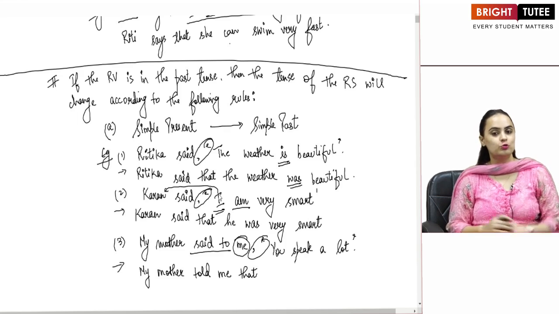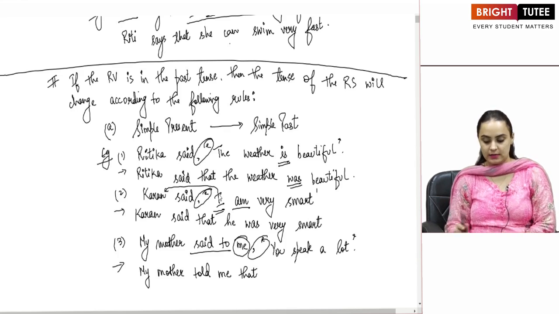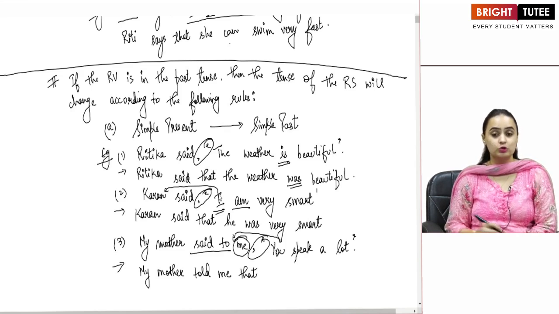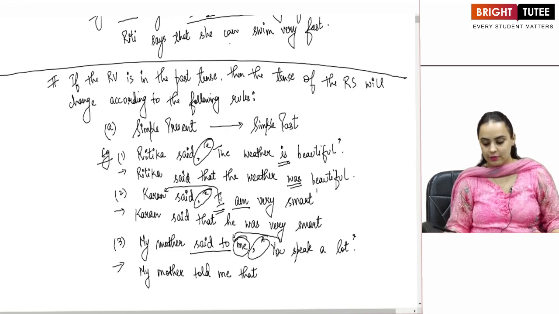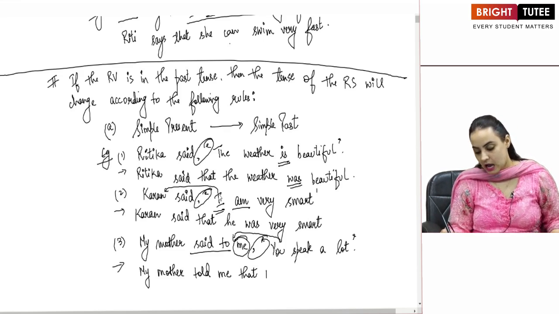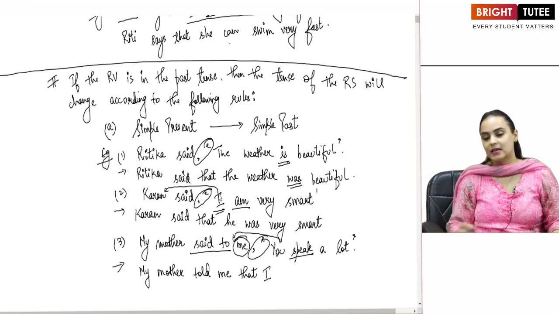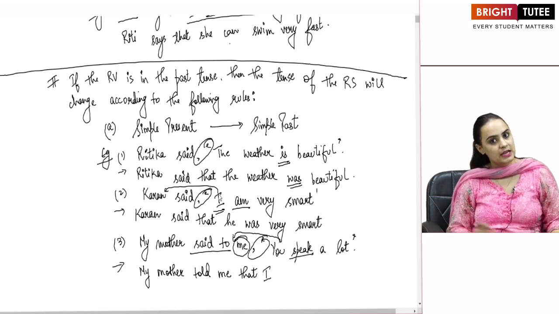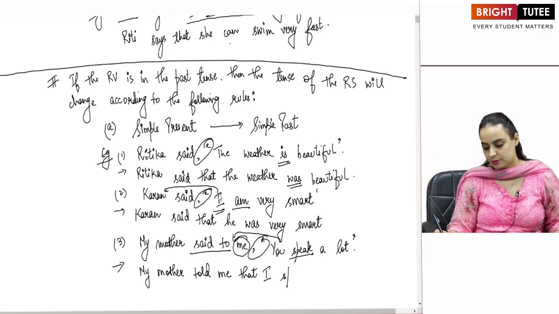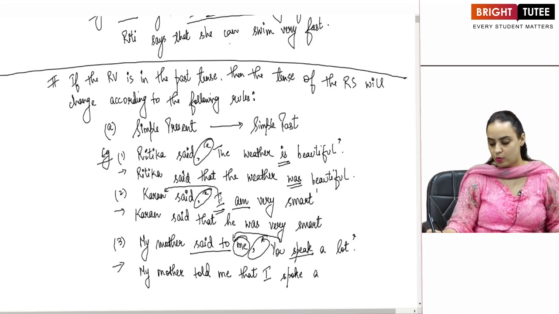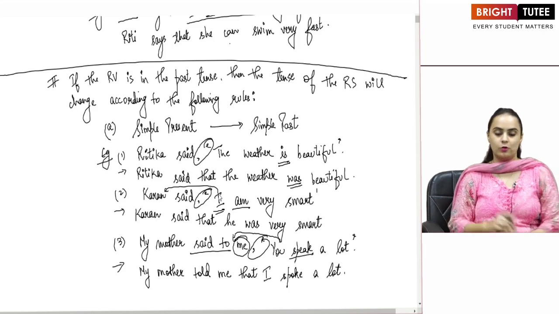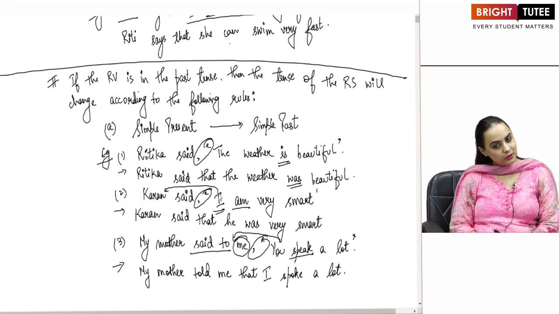Who is this you? Who is the mother telling that you speak a lot? She is telling me. So my mother told me that I speak, which is the simple present tense, becomes the simple past tense: I spoke a lot. So what did we learn?